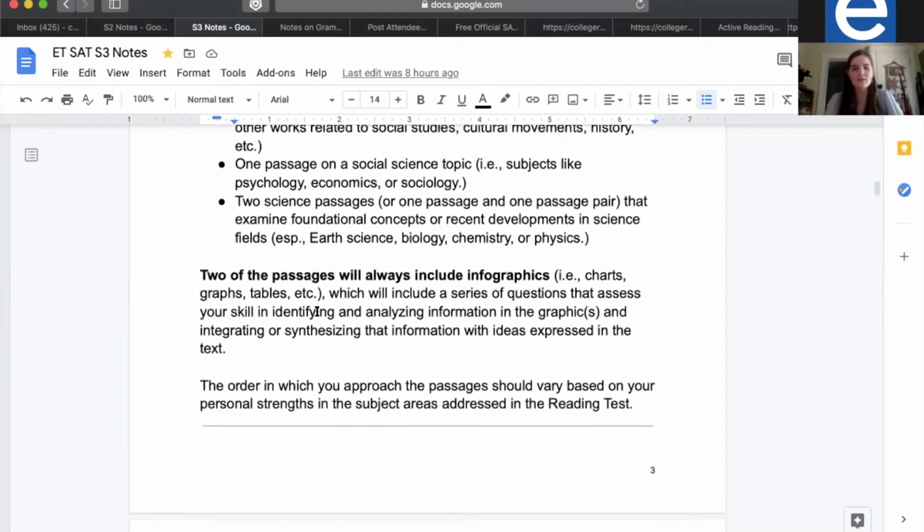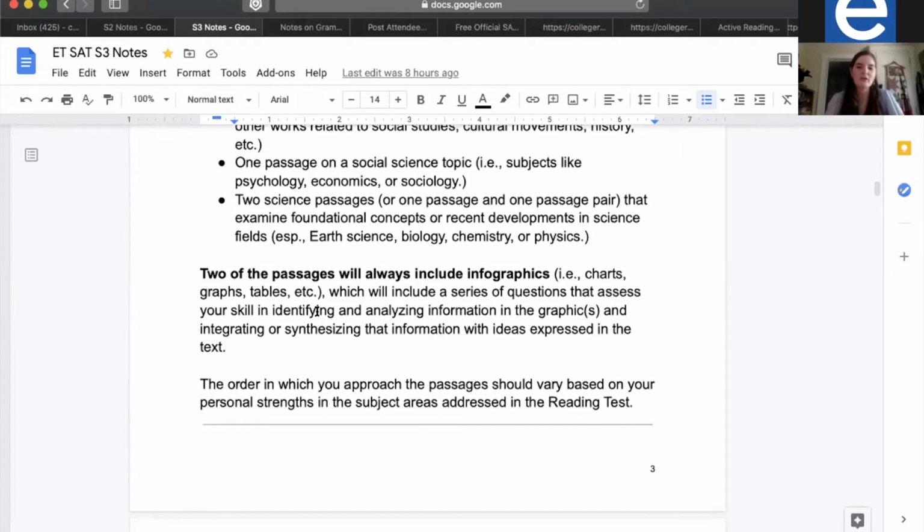So you're always going to see 2 science passages. That's either one passage and one passage pair. They're going to be looking at foundational concepts or recent developments in science. So they could be things you're familiar with from your classes, but they could also be new information or new research that just came out that they're trying to talk to you about.